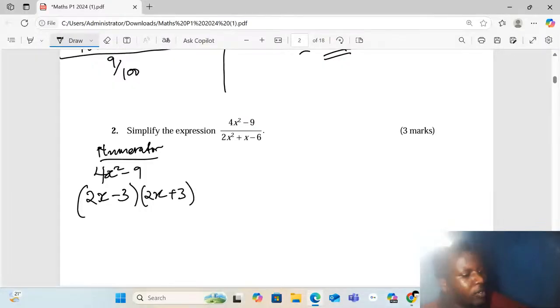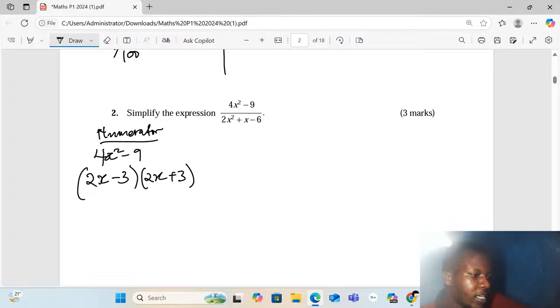That means when you multiply 2x minus 3 by 2x plus 3, we get 4x squared minus 9.